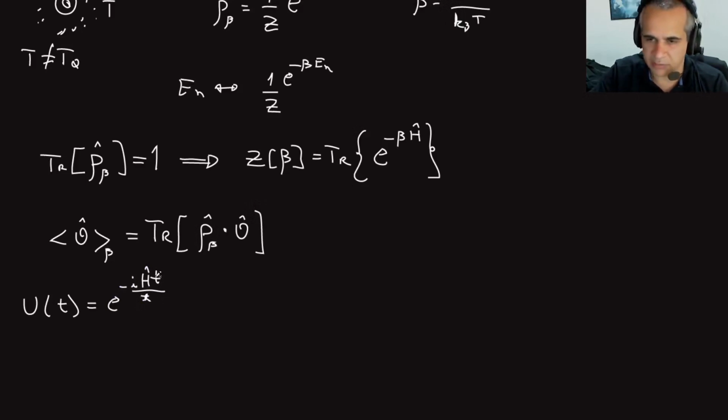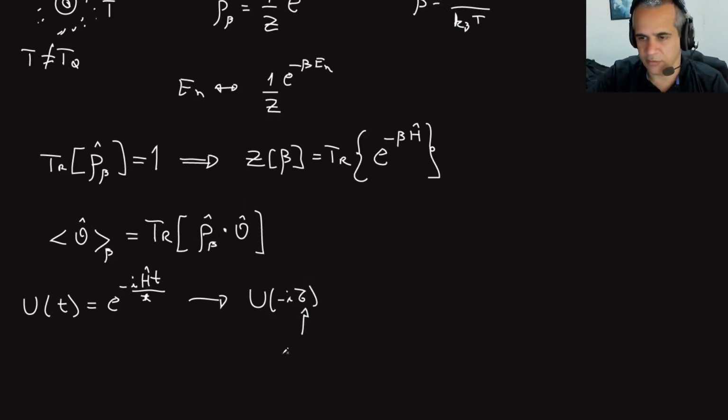I'll soon make clear why this Minkowski and Euclidean. If I take this through a Wick rotation, this becomes U of minus i tau. Again, I'm thinking of closed orbits, that's why I'm using tau.